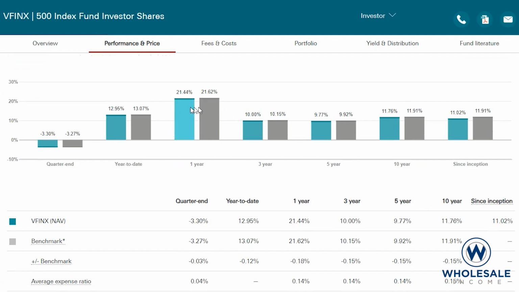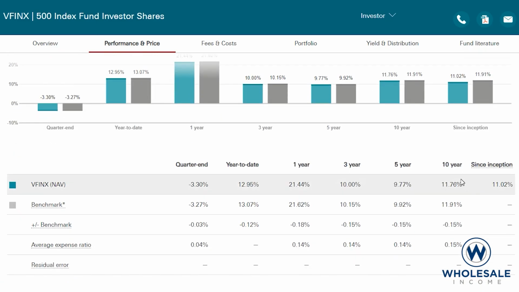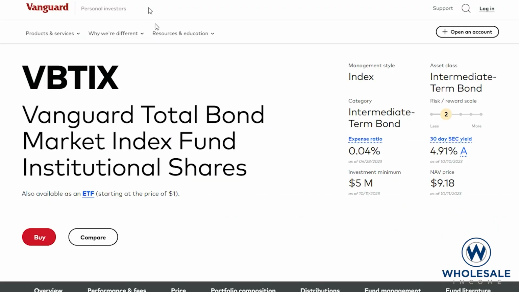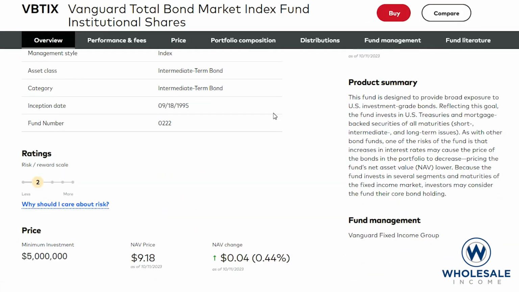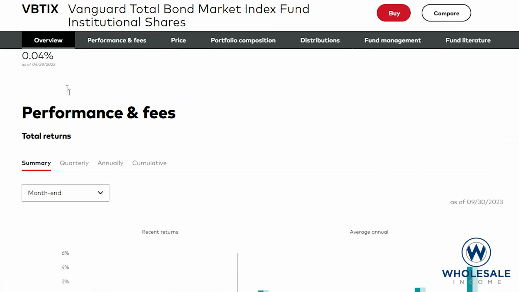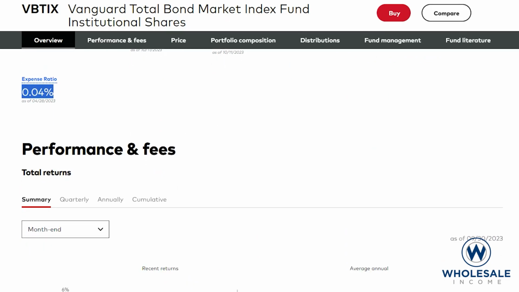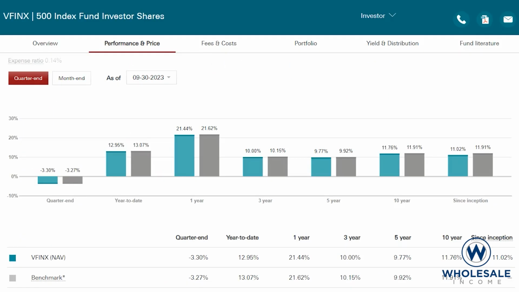They show you the fund's performance against its benchmark, the S&P 500. Over 10 years, this has averaged 11.7% a year. It's a great rate of return, but that's basically what the market has done in this same time period. Bond fund, same thing. All the information's available here. Very low fee structure. So this is a good proxy for bonds, and this is a good proxy for stocks in general.